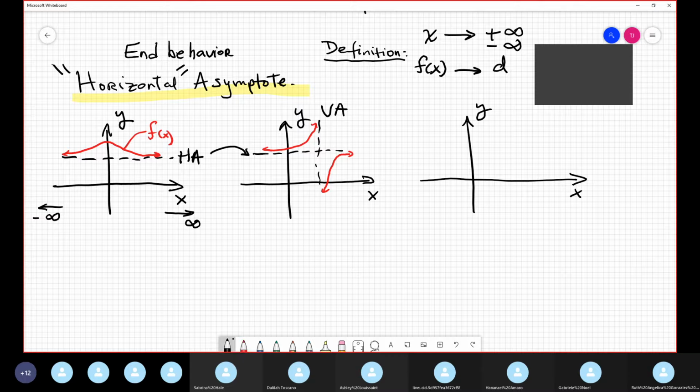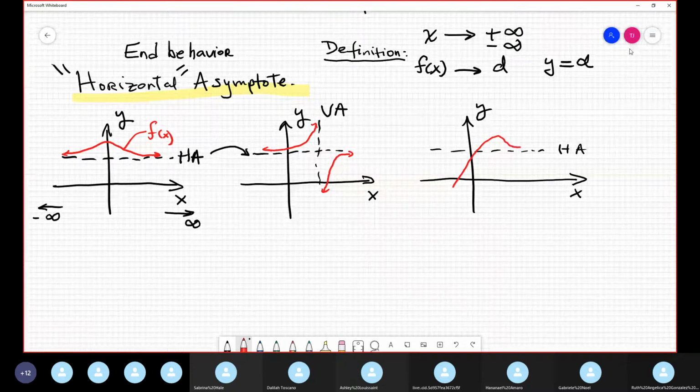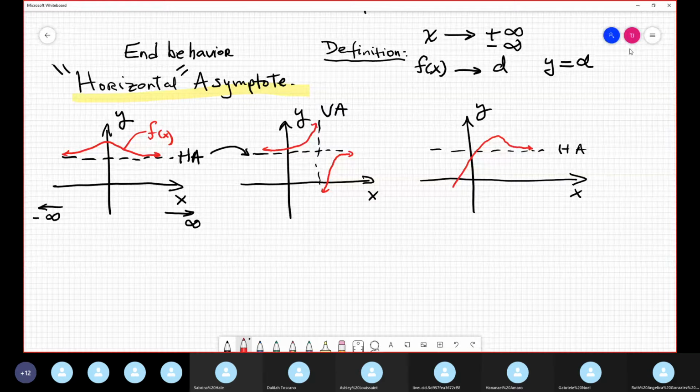And another possibility is, suppose we have a horizontal asymptote again, and we have a function like that. Look, this is one possibility, an interesting possibility. It approaches, but in one point it crosses. This is a crossing point.